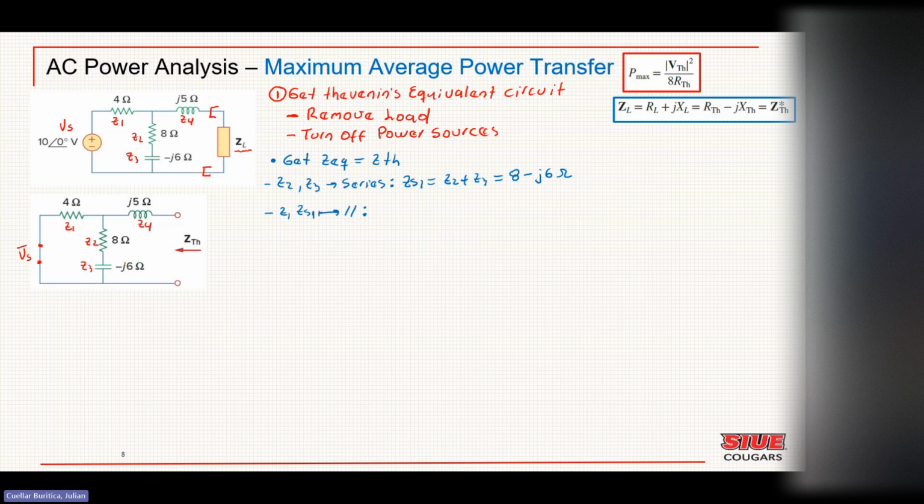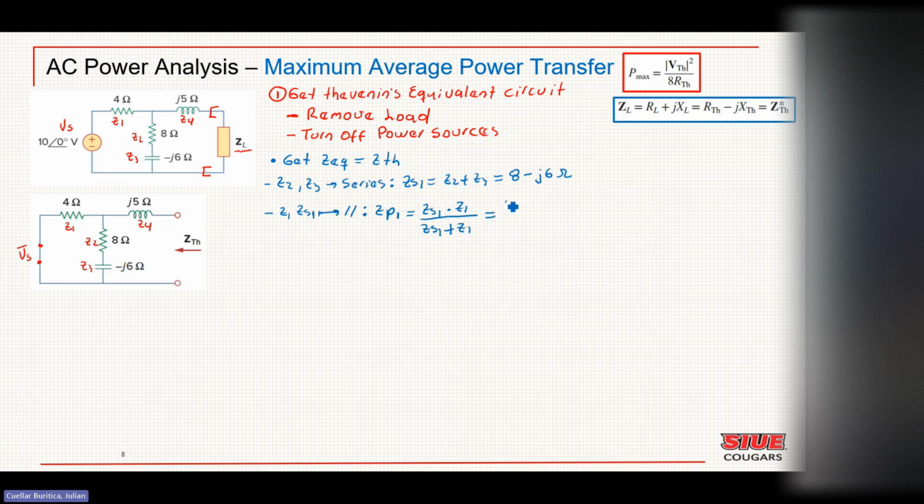Then, because they are in parallel, we are going to compute our first parallel impedance, and that's going to be ZS1 times Z1 over ZS1 plus Z1.